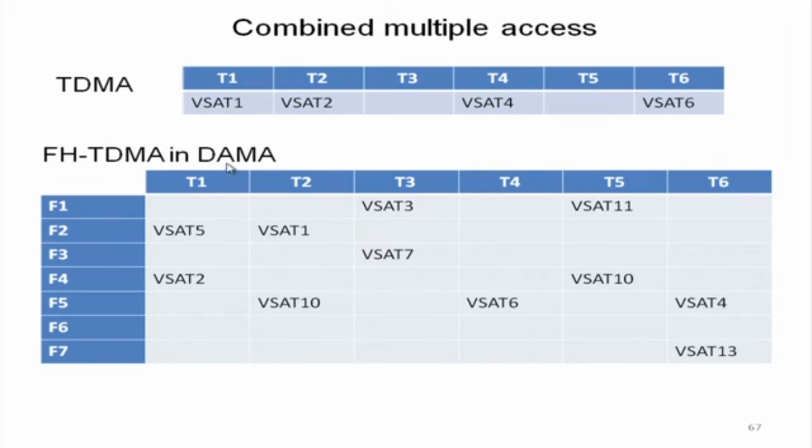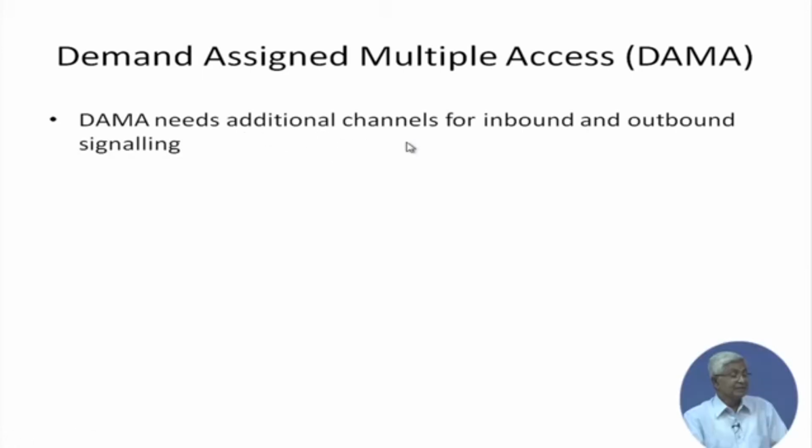So it is on demand: a particular VSAT wants to come in, so it demands, and depending on the availability of the slot, it is placed randomly. This is very widely used in DVB-RCS. This DAMA needs an additional channel, which is very important. You have to give a request and get an allotment. The request from the remote station or VSAT going to the hub is called inbound, looked at from the hub's point of view, and the allotment given by the hub goes outbound.